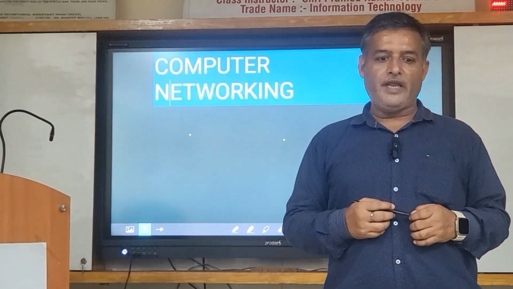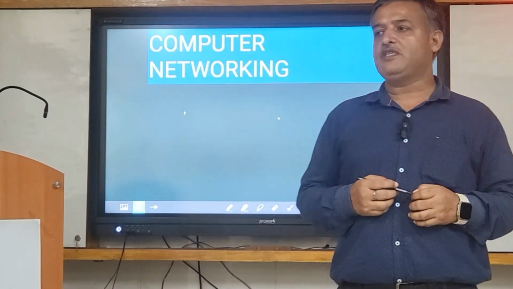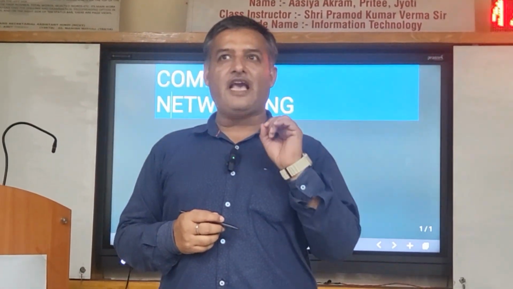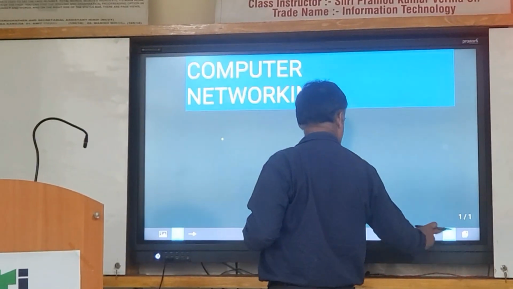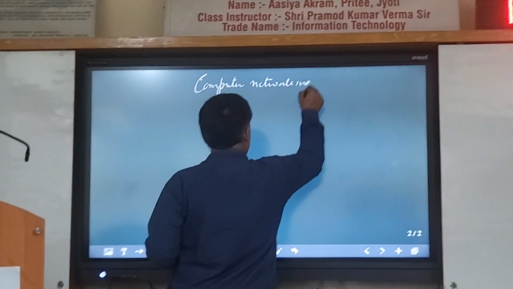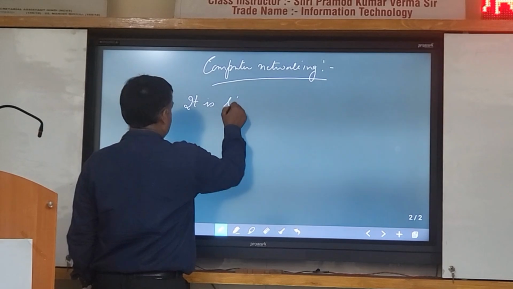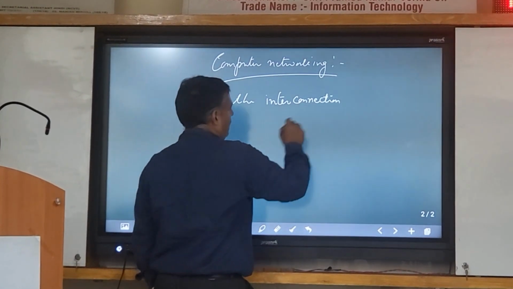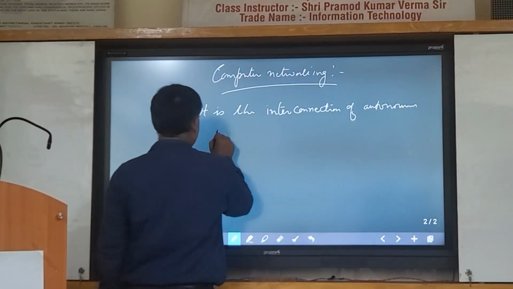Many authors in their books have given different types of definitions, but the precise and accurate definition, what I think, is that computer networking is the interconnection of autonomous computers.